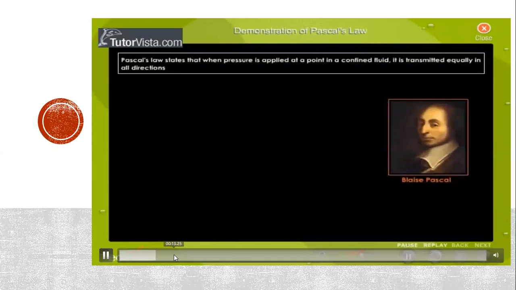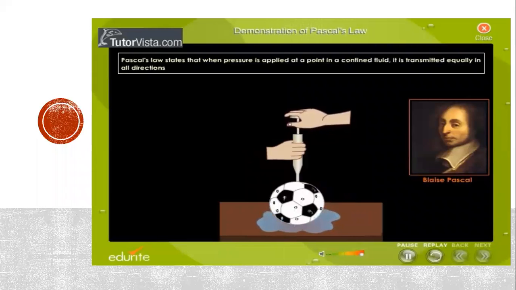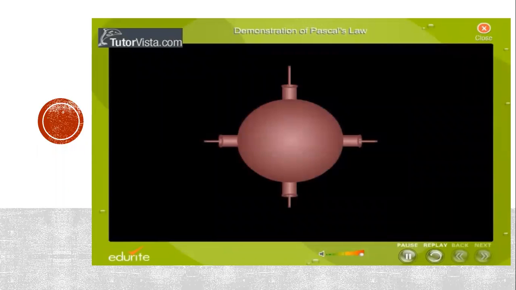Pascal's law states that when pressure is applied at a point in a confined fluid, it is transmitted equally in all directions. Let us perform an activity to understand Pascal's law. Shown on your screen is a vessel having a number of openings.